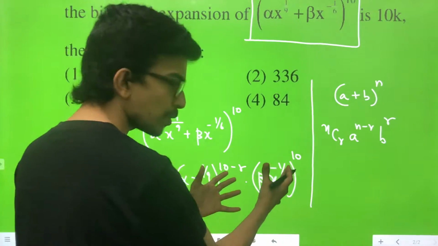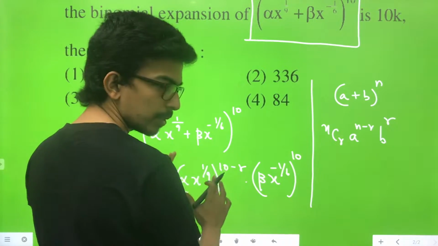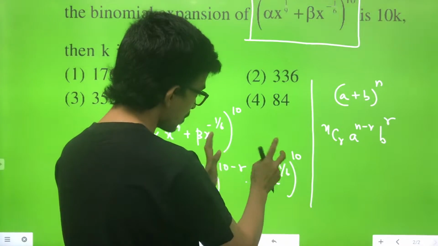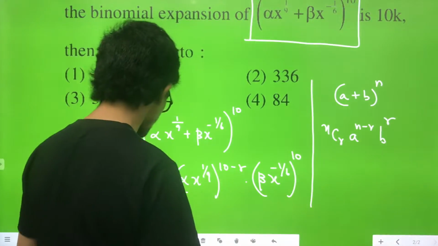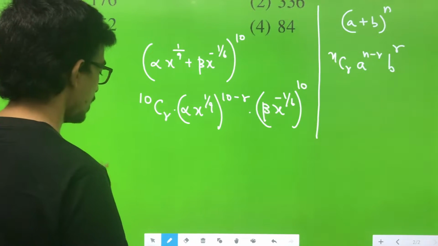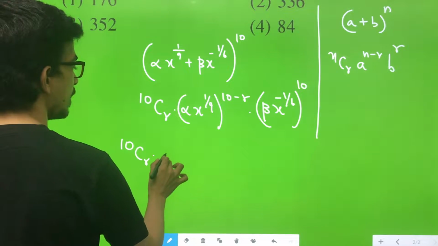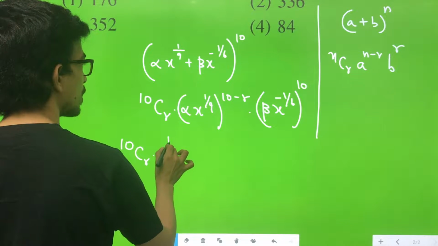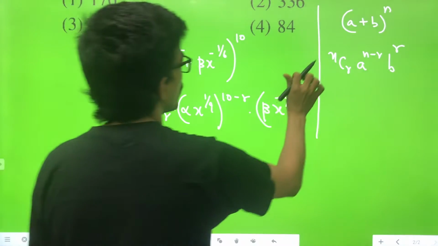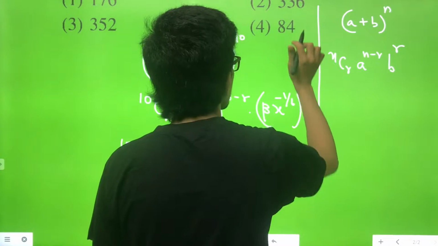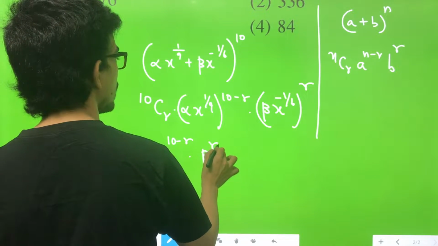Okay, so I'm going to separate the constant term, the coefficient, and I'm going to separate the variable part, the power of x. So we have 10Cr here, then alpha is raised to power of 10 minus r, beta is raised to, there is a mistake here, it's not 10, it's r. Beta is raised to the power of r.